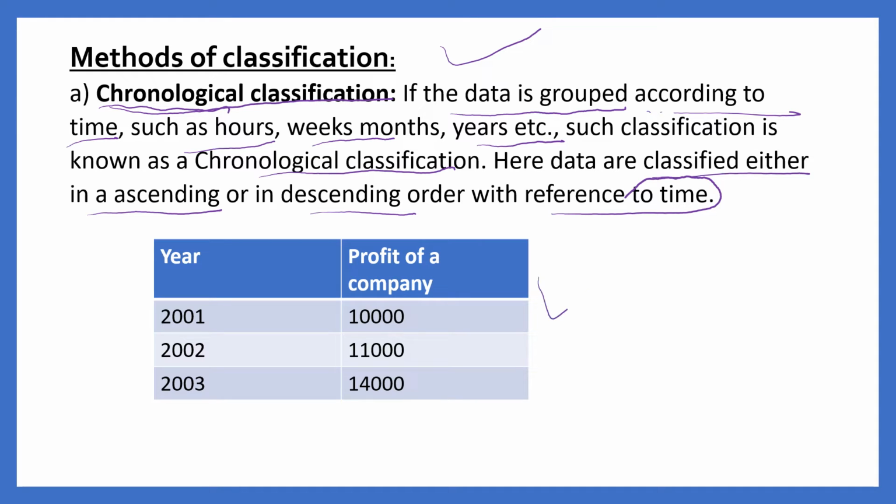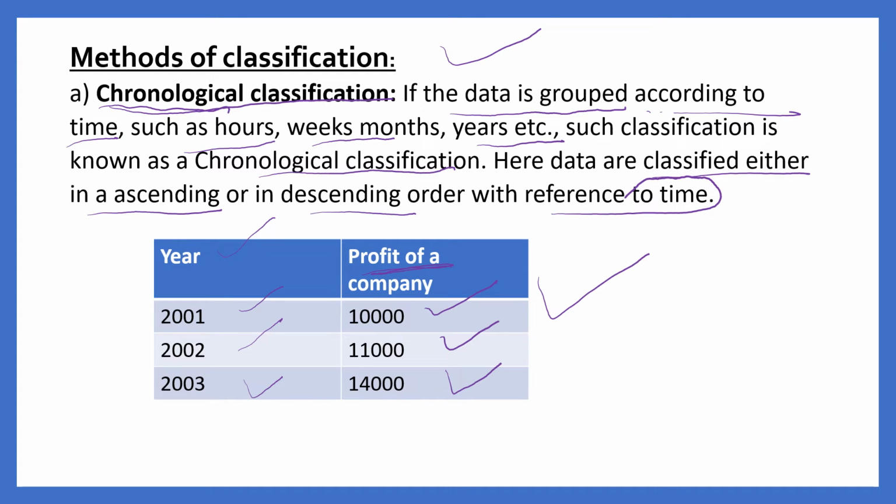You can see in this table I have taken years arranged in ascending order: 2001, 2002, 2003, and here I have taken the profit of a company. In 2001 the profit of the company, in 2002 the profit, and in 2003 the profit.